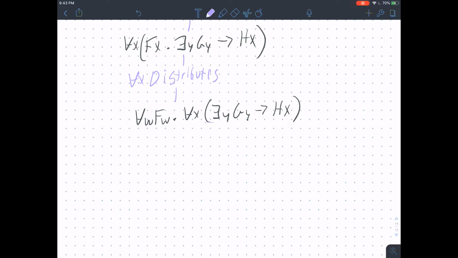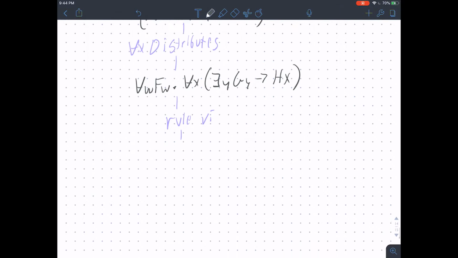So in the scope of this universal quantifier, we have a conditional, and all the variables that are bound by that quantifier are in the consequent place. So we're going to have to use our sixth rule, which will give us this.